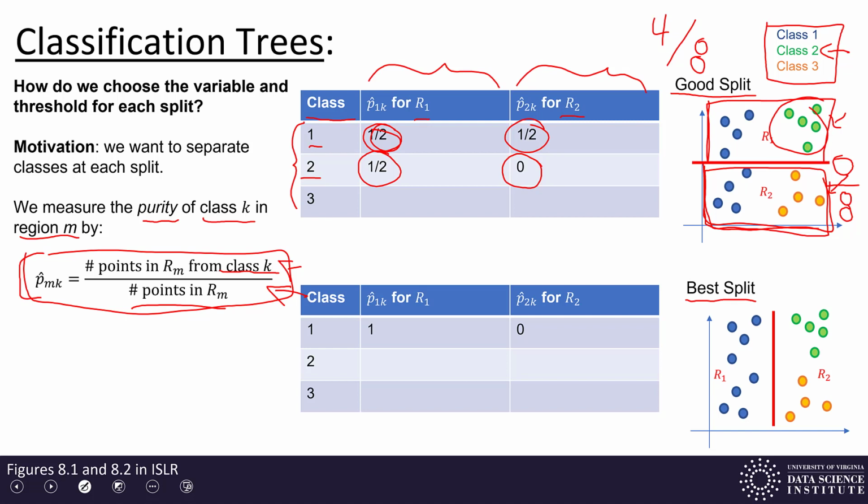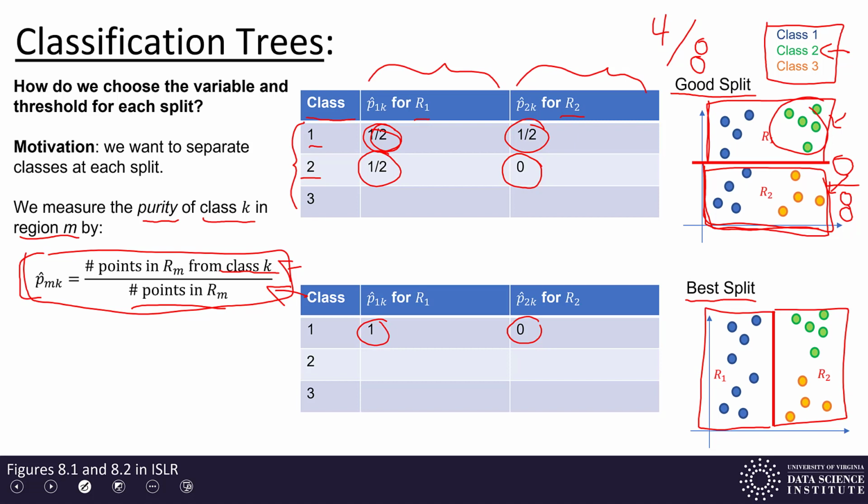Here we have some of the purity metrics for the best split, and we see that we're getting 1s and 0s. And so this one, we're looking at class 1 in region 1. Region 1 has 8 members of class 1 and 8 members total, so 8 over 8 is 1. Now class 1 in region 2, so here's region 2.